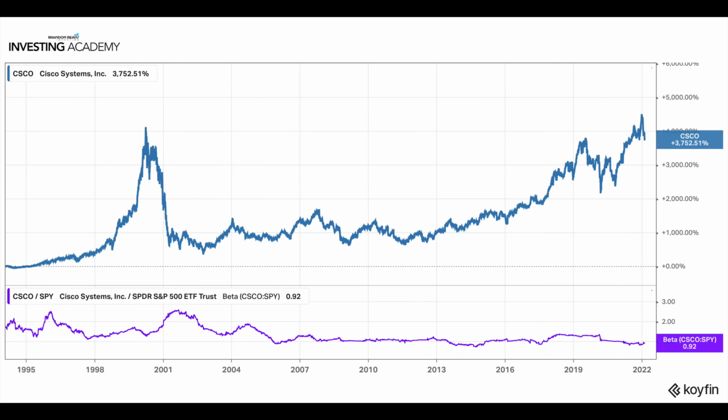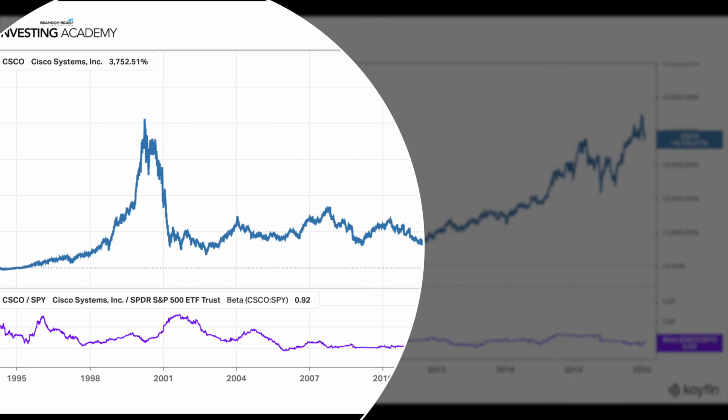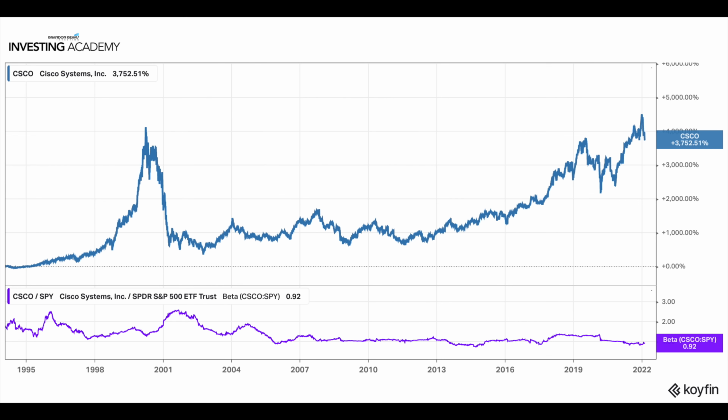I actually thought of a great example by looking up the company Cisco. Cisco was a really good example because at one point back during the tech bubble, this was one of the fastest growing and actually, at that point, the largest company in the world. What we noticed is that back in the day, Cisco's historical beta was much higher than it is today.